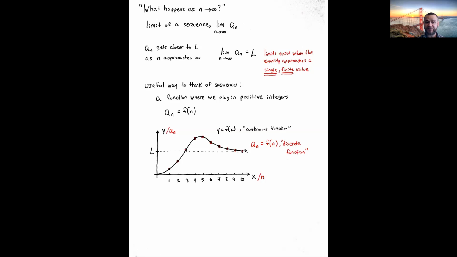So the f of x values give you this continuous graph. Plugging in only positive integers, we get this discrete graph or discrete function. And notice it's pretty much the same thing, just with gaps. We're not plugging in every x value, just n values, 1, 2, 3, 4, 5, and so on.